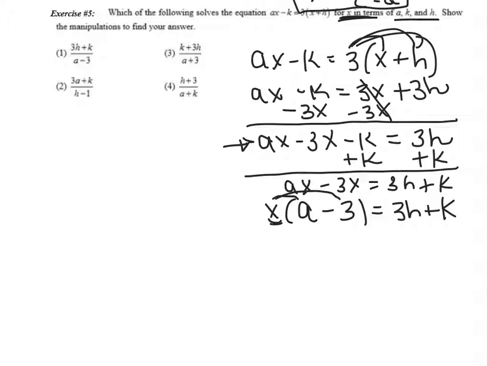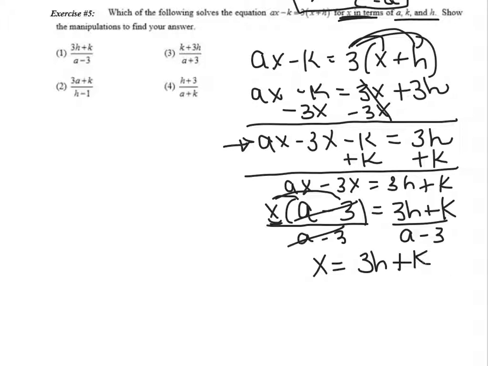Now that x is multiplied by the quantity a minus 3, we just have to unmultiply by a minus 3 or divide by a minus 3. You're left with x is equal to 3h plus k over a minus 3. Look at your answer choices. It looks like it's choice A.